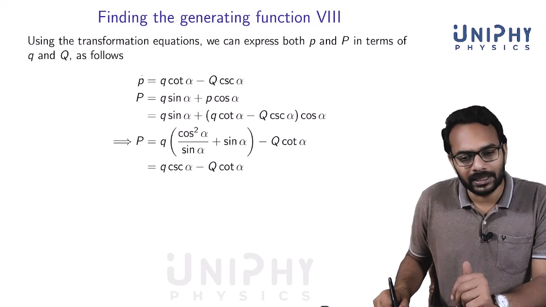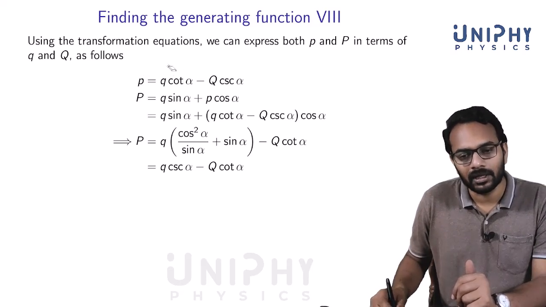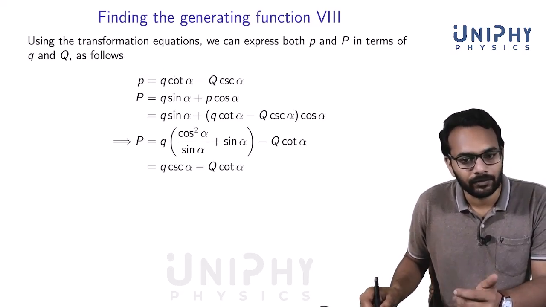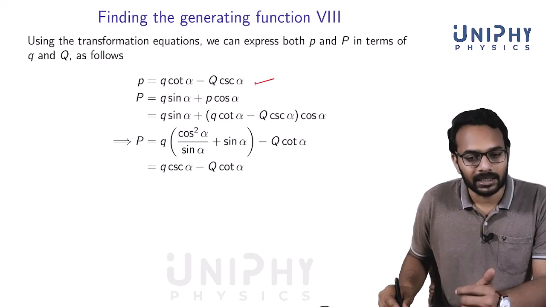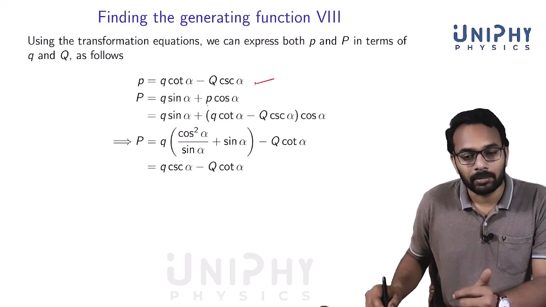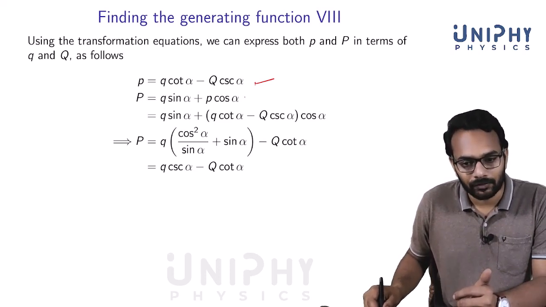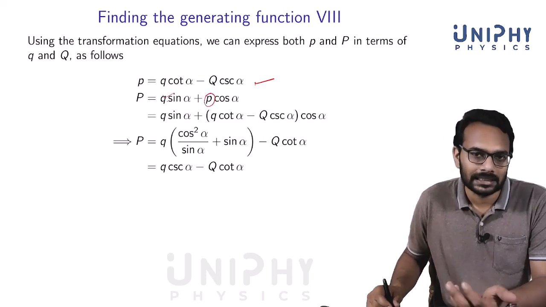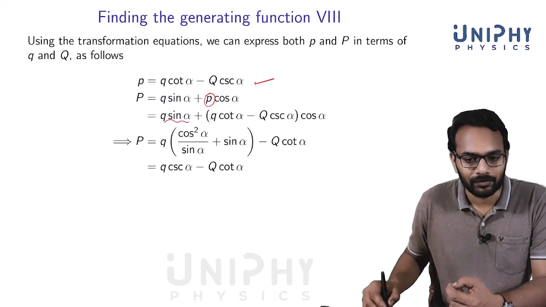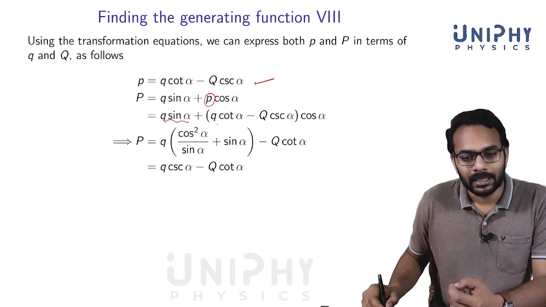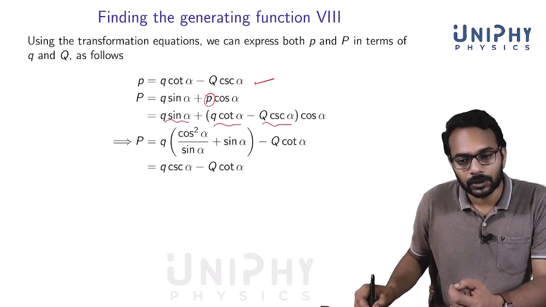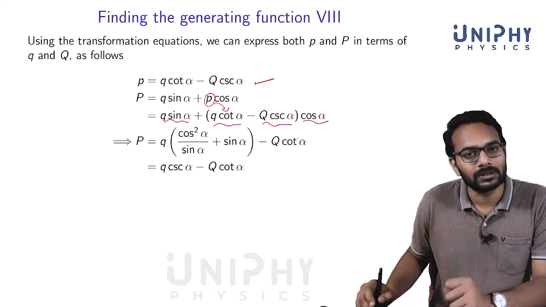You get small p is equal to q cot alpha minus capital Q cosecant alpha. Fine. And capital P is equal to q sine alpha plus p cos alpha. That's the given thing. We don't need this small p here. The small q is fine, so let's keep it there. So q sine alpha plus, what's the small p? It's q cot alpha minus capital Q cosecant alpha. This is the small p, and then we have got a cos alpha here.